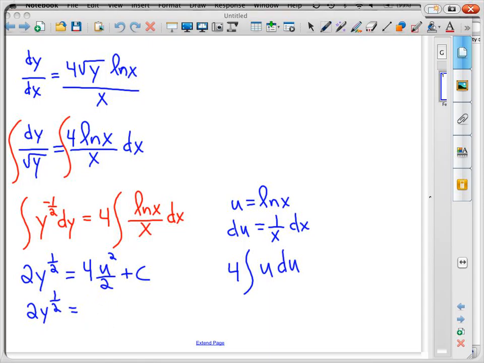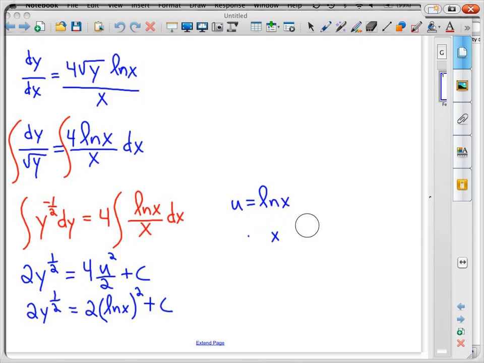So I'll simplify that to be just 2 times ln of x squared plus c. So I'm going to go ahead and erase this work now, because we don't really need this anymore since we took care of that integral.